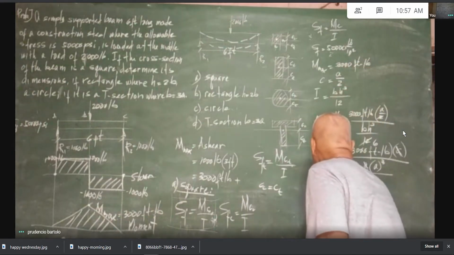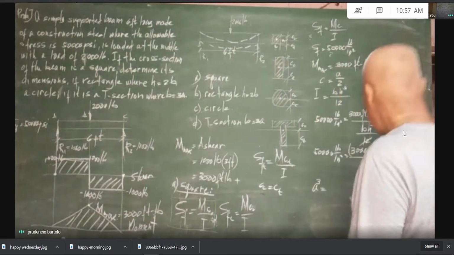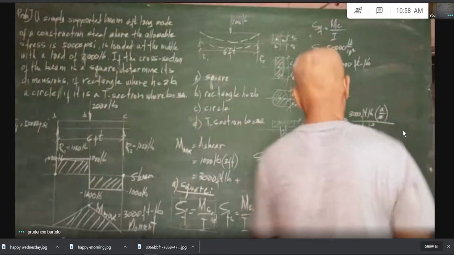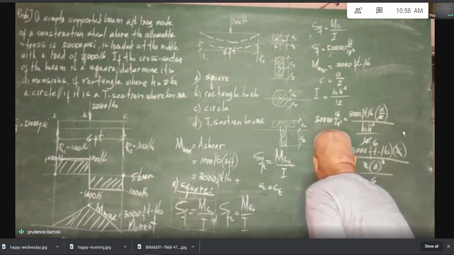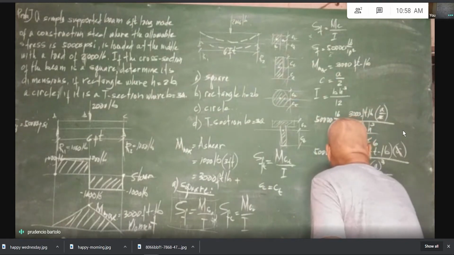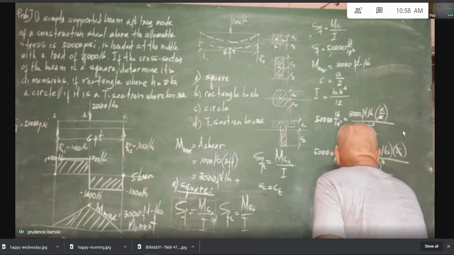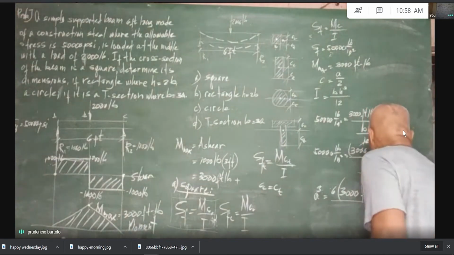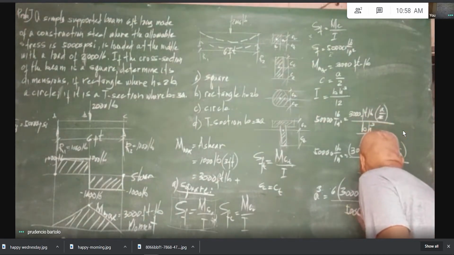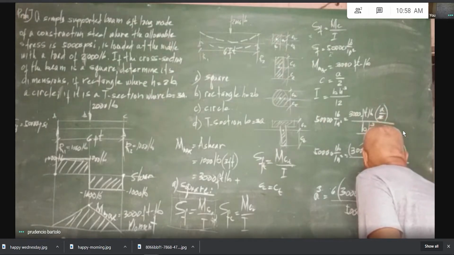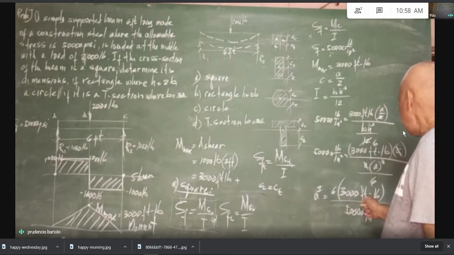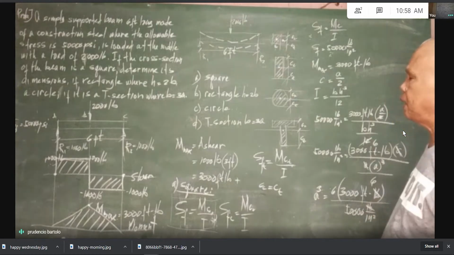So that is now a cubed will be equal to 6 multiplied by 3,000 foot-pounds, all over 50,000 pounds per inch squared. Pounds and pounds can be cancelled out.